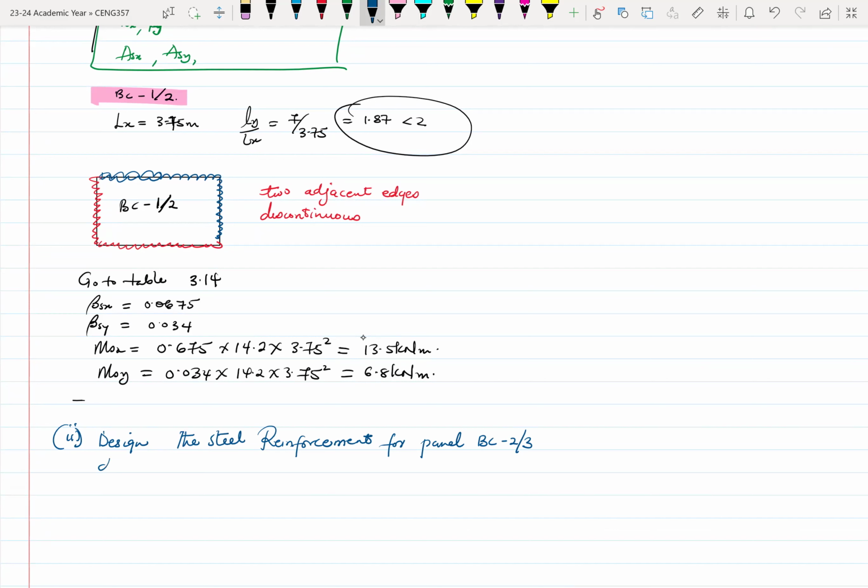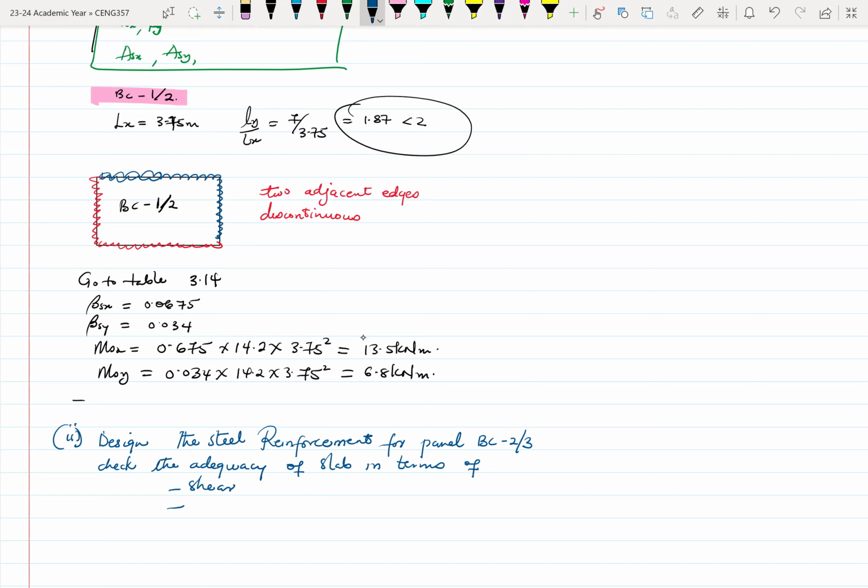And then it says check the adequacy of slab in terms of shear and deflection.